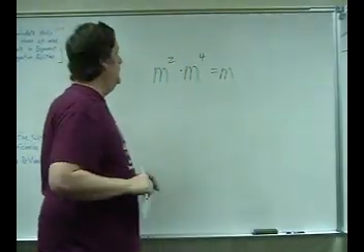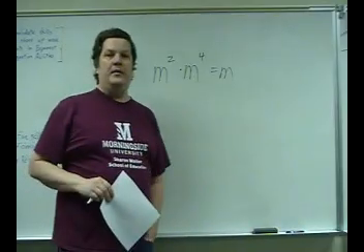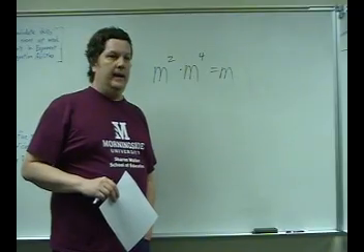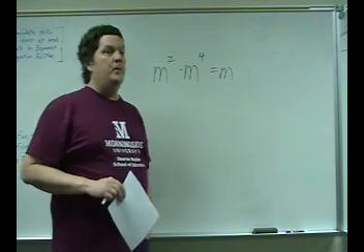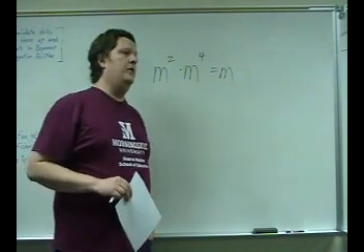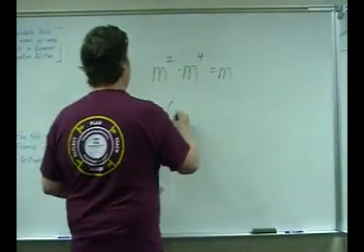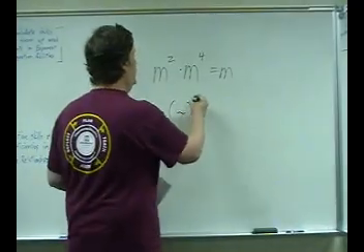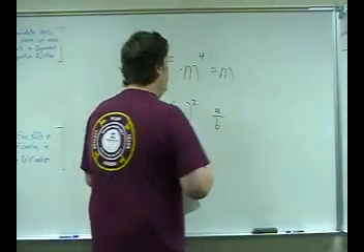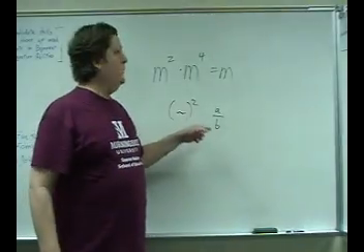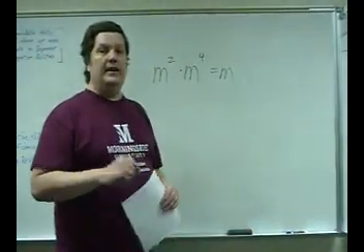So with this one, this is a direct application of the product of powers rule. We've got m raised to the 2nd power times m to the 4th power. Again, we do not have parentheses with exponents, and we don't have a division line. So that means all we're going to do is add. If we don't have whatever is inside the parentheses raised to an exponent, and we don't have a division sign, all we're doing is adding the exponents for terms that have the same base.